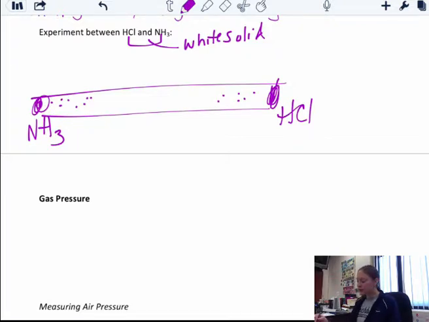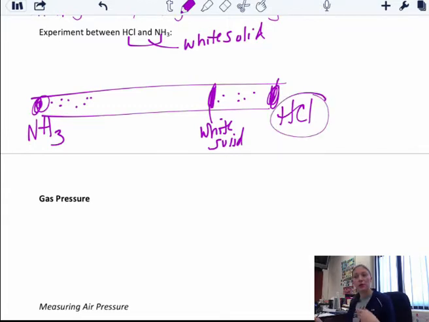And what you'll end up seeing is that the white solid will form somewhere very close to the hydrochloric acid. The reason being, and we'll get into this later on in the year, how you can tell which one's heavier, but hydrochloric acid is a heavier molecule. So it doesn't move as fast. So the ammonia, the NH3, moves so much faster that when NH3 and HCl meet to make this white solid, it's much closer to the acid.